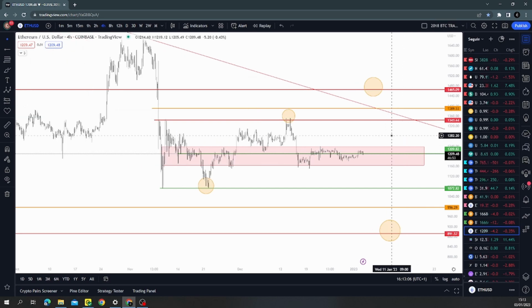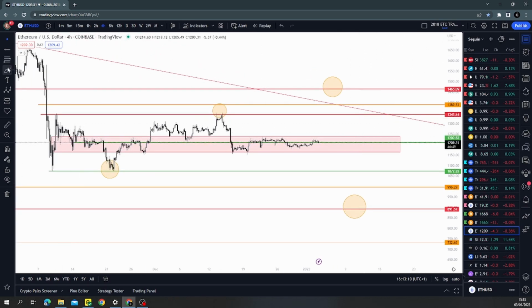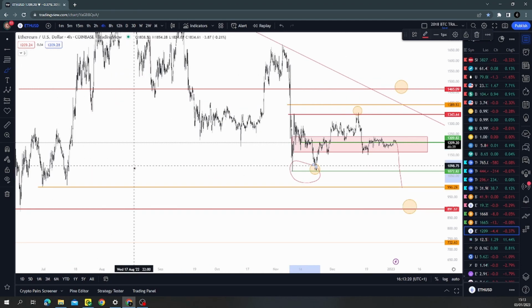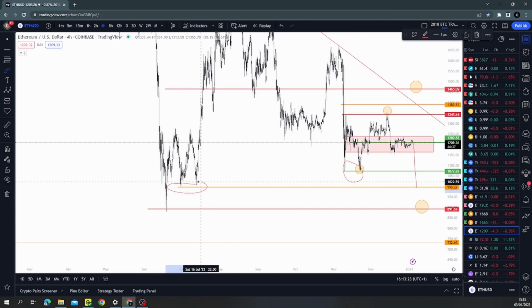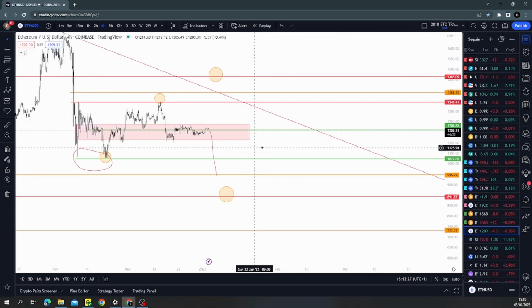Now we're gonna look for the long position. If the price decides not to hold here, breaks down to take all this liquidity, to take all these equal lows, we are waiting for the price to show us where it's gonna bounce.